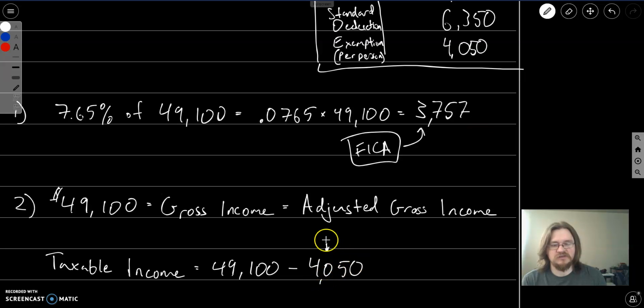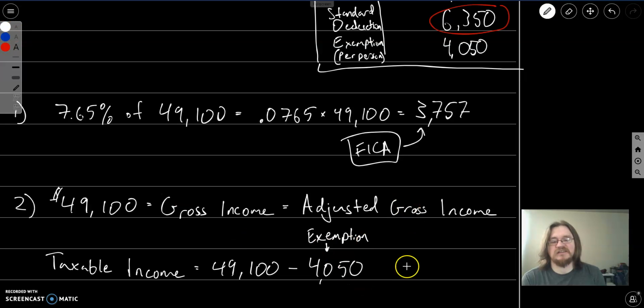So this is their exemption. And then furthermore, everyone is entitled to a deduction. You can either take the deductions that you accrued throughout the year, for instance, for donating to charity, or you can just take a flat $6,300 if that is more.